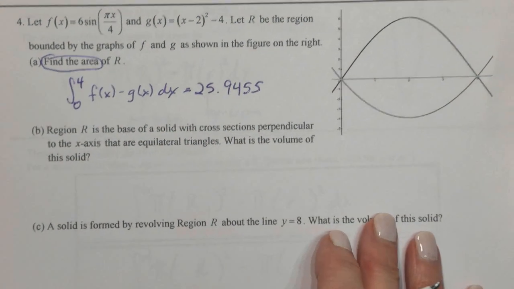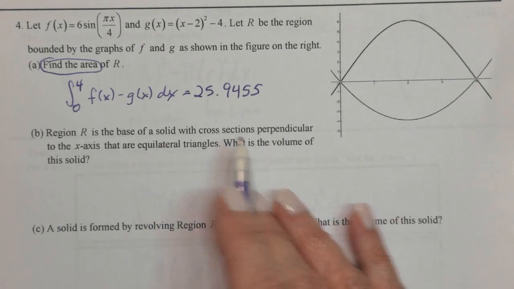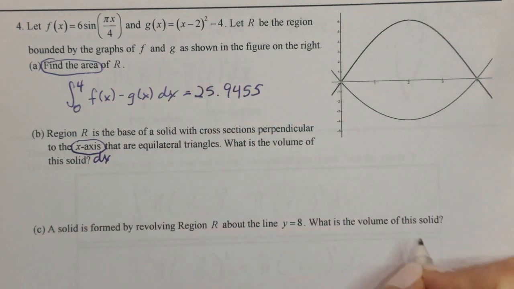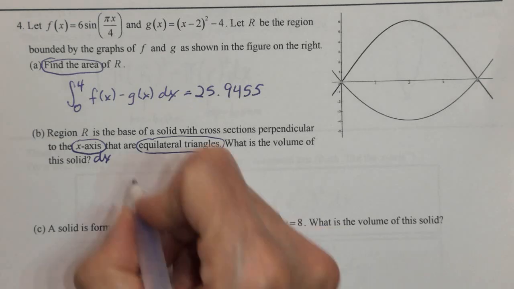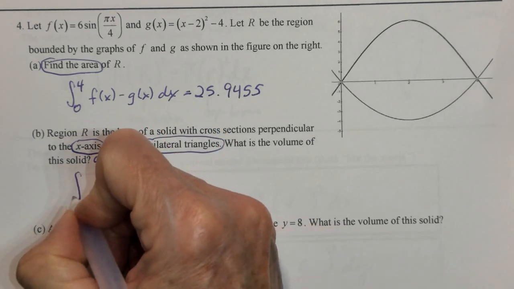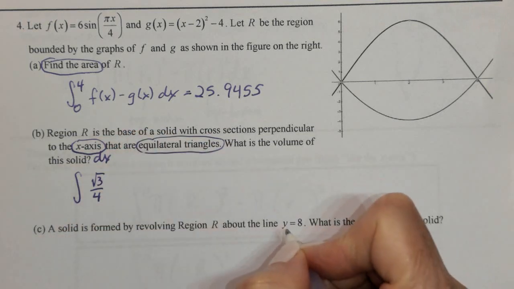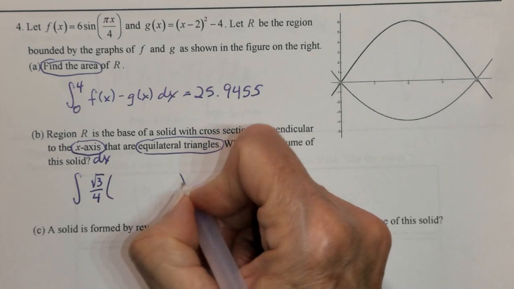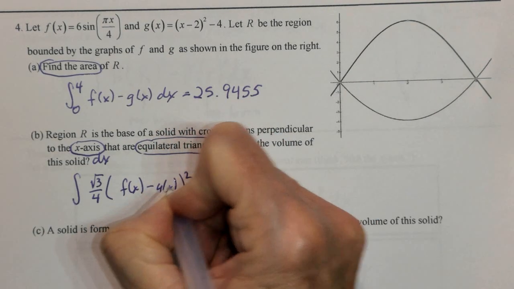Part B. Region R is now the base of a solid with cross sections perpendicular to the x-axis. That's good, we get to keep our dx. That are equilateral triangles. What is the volume? Equilateral triangles, so square root of 3 over 4 is our multiplier, times top minus bottom squared, f minus g squared.